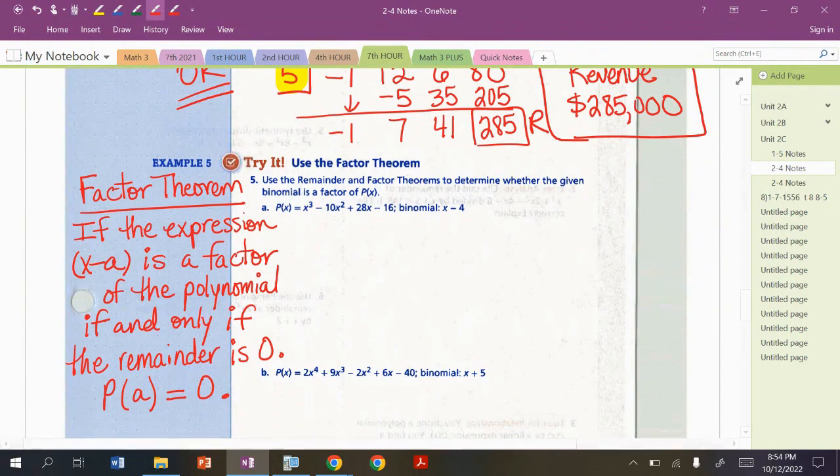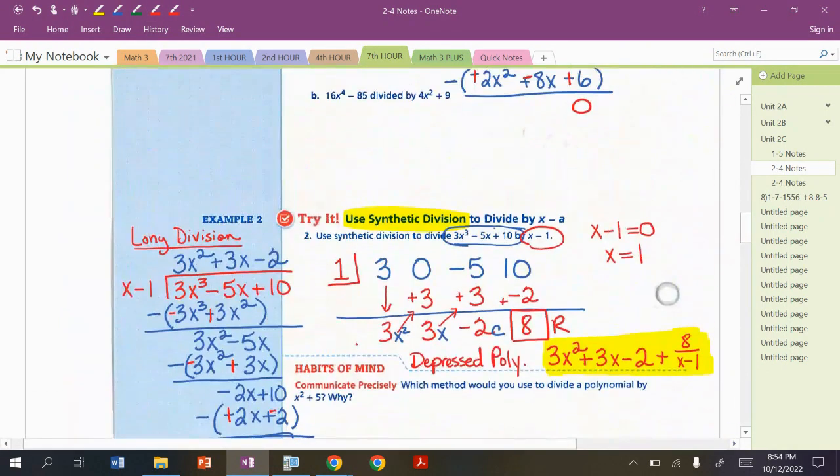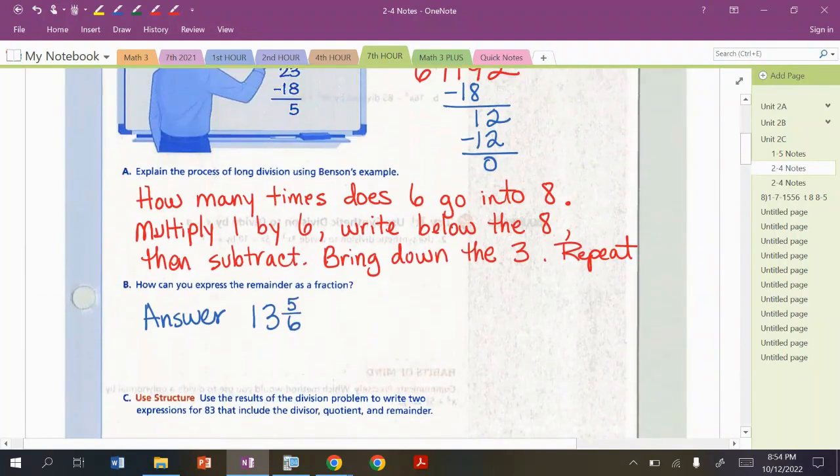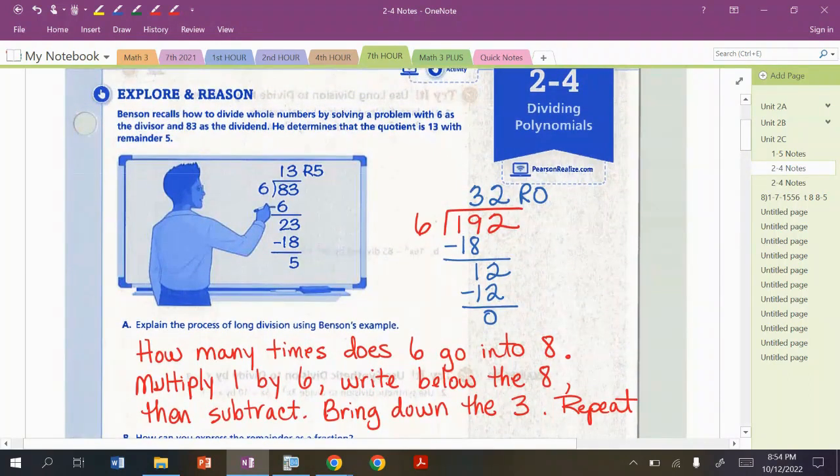Let me go back to the very first page, because I did this in class, and I'll circle this. Remember this question right here with Benson? He tried to divide 6 into 83. It's not a factor, and hopefully you can see why, because you get a remainder of 5. I had students say it doesn't go in evenly. There's 5 left over, and that's correct.